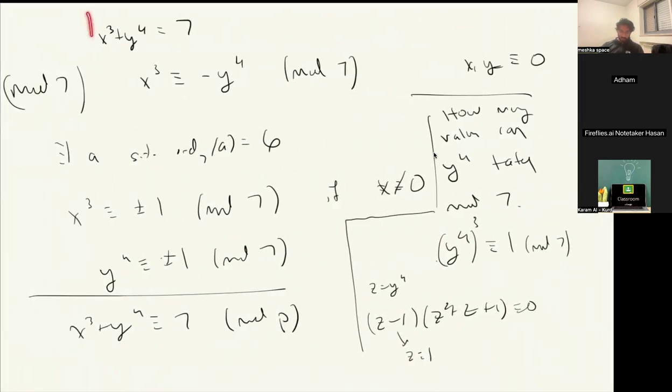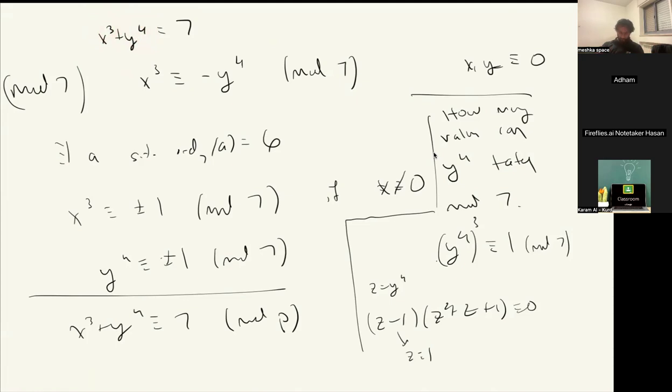If I want to pick a modulus p where I want to show this doesn't have a solution, you want a modulus where the exponents of x cubed and y to the fourth are both divisors of p minus 1, because then there will be a big restriction on the number of powers.